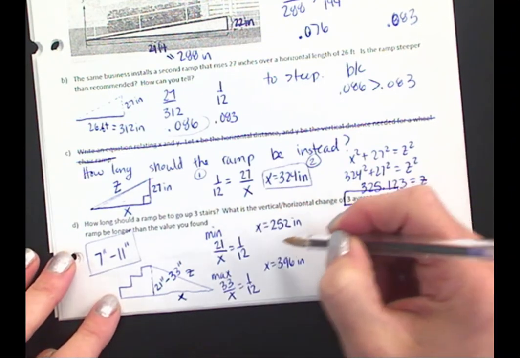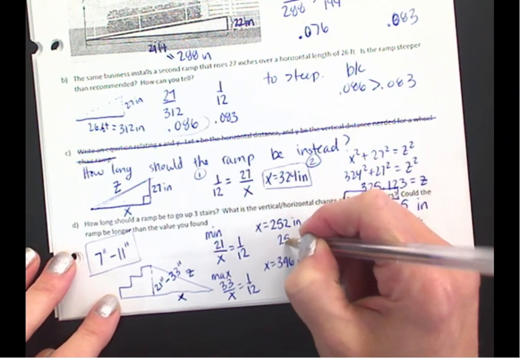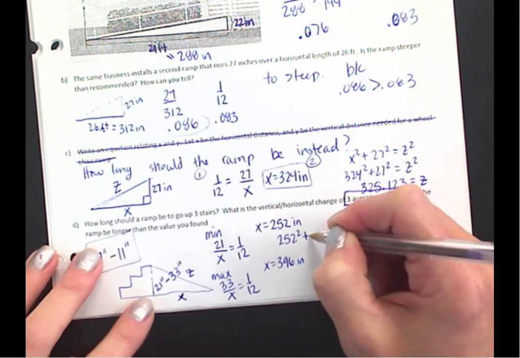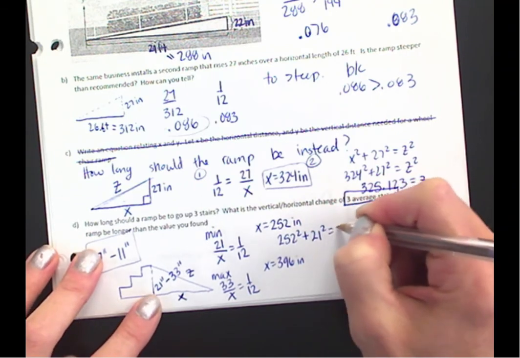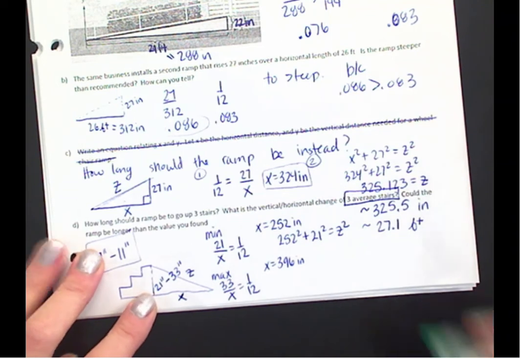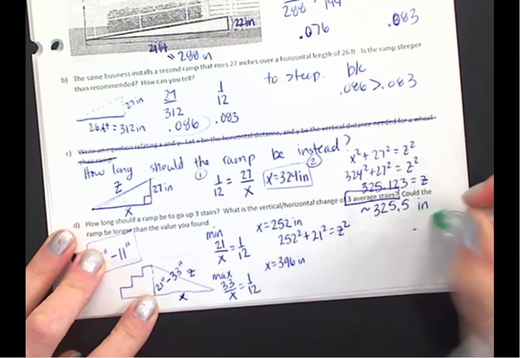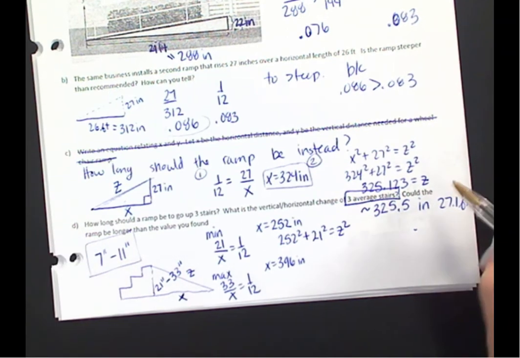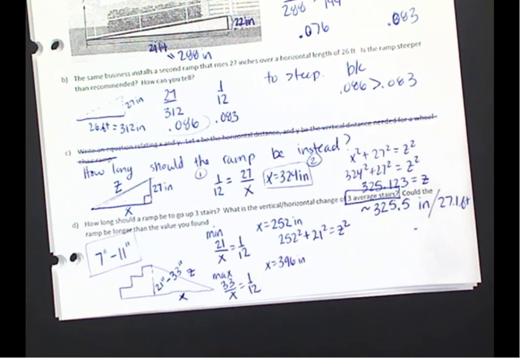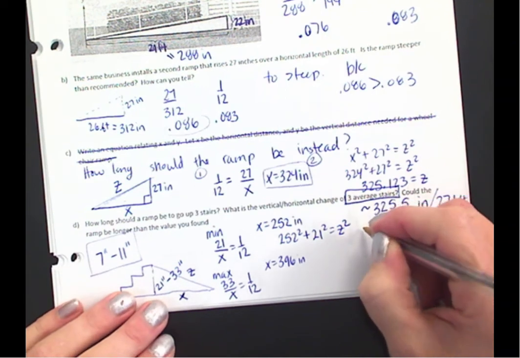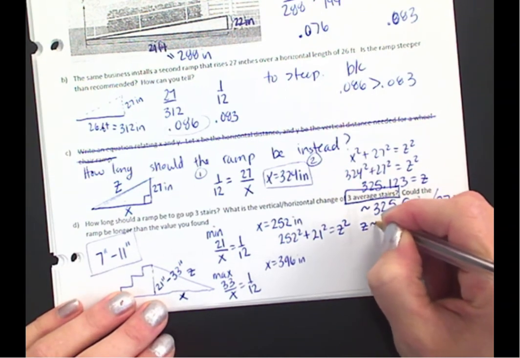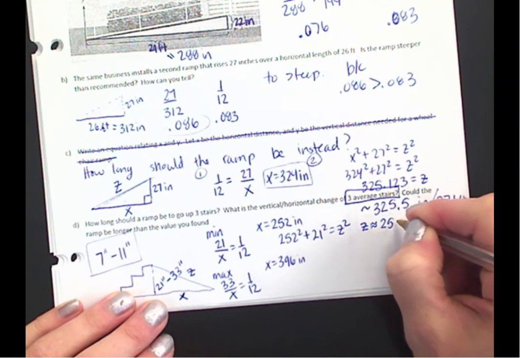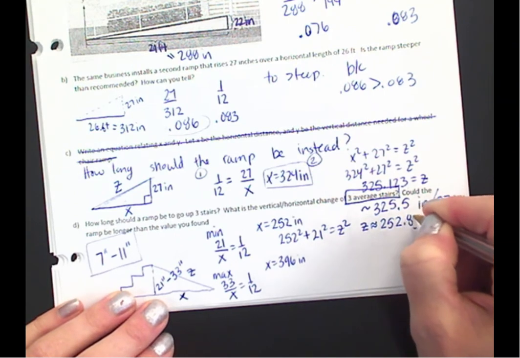So a little bit of Pythagorean theorem. Okay, so Z is approximately 252.87.